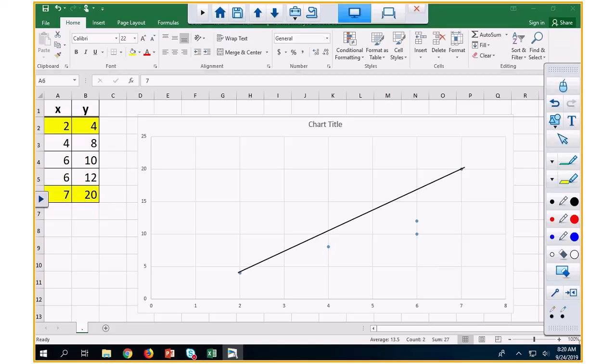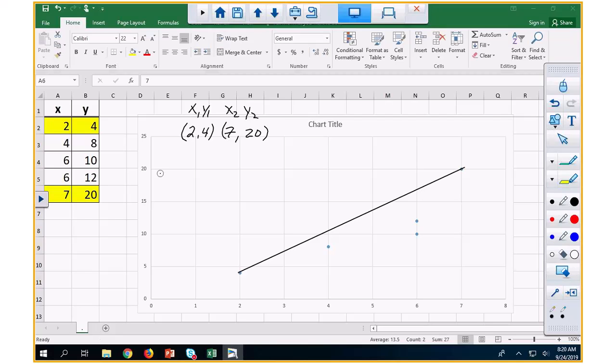So 2, 4, and 7, 20. Which way do we read? Left to right. Unless you're from the Middle East. x sub 2, y sub 2.